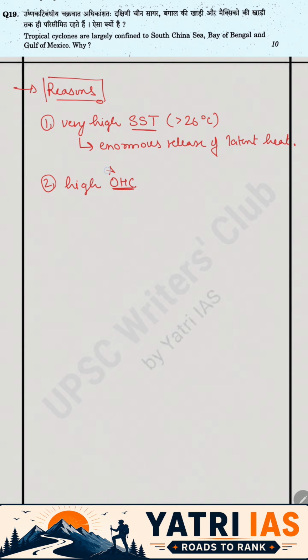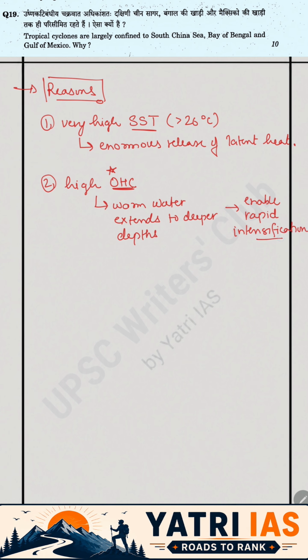These terms are very important, especially this one. Ocean heat content means that warm water extends to deeper depths, which enables rapid intensification. So this also provides favorable conditions for tropical cyclones.